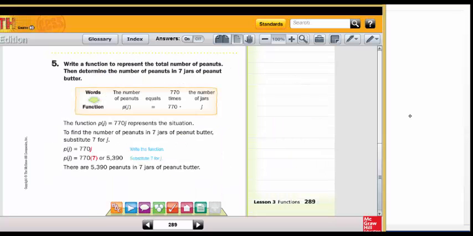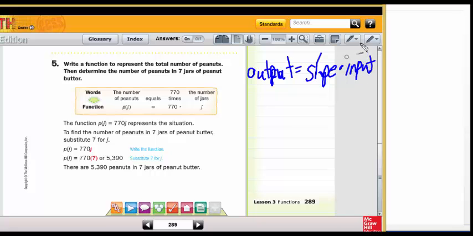Okay, example number 5. Write a function to represent the total number of peanuts, and then determine the number of peanuts in 7 jars of peanut butter. So the first thing we need to do is come up with an equation, and remember, we can go back to what we talked about in the last chapter and early part of this chapter. We're always going to have an output equals the slope times the input.